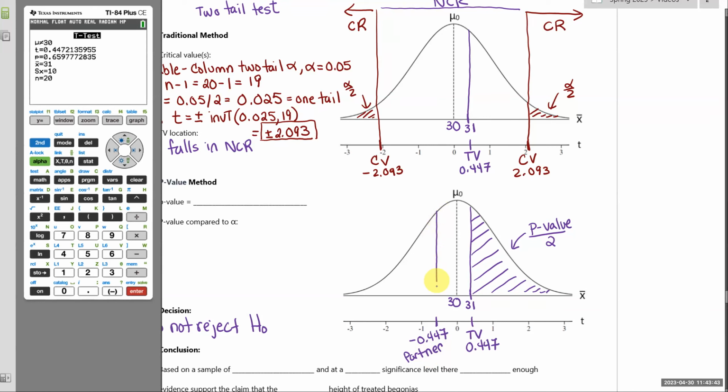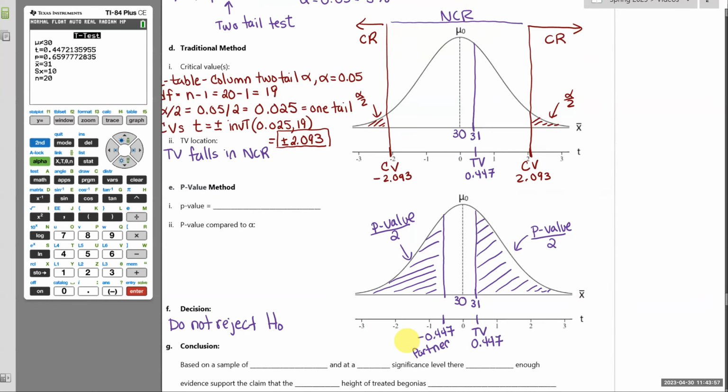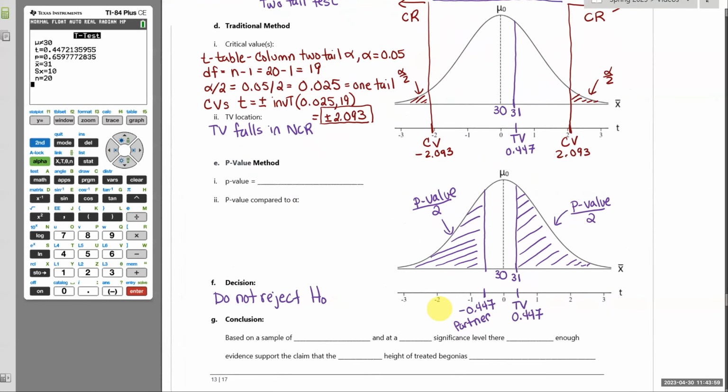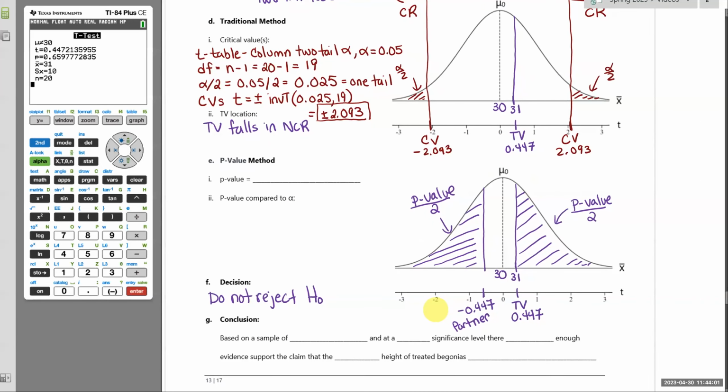But in order to graph the rest of it, I'm sorry, that does not look perfectly symmetric, but the rest of that area that is your p-value, so the other half of your p-value is on that side. So when you graph a two-tailed test, you'll see shading on both sides representing your p-value in total.